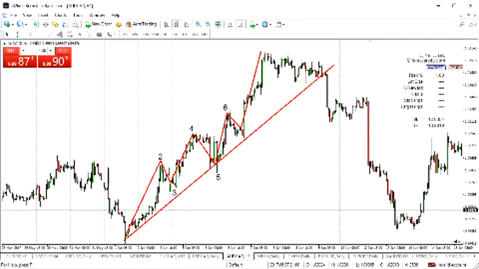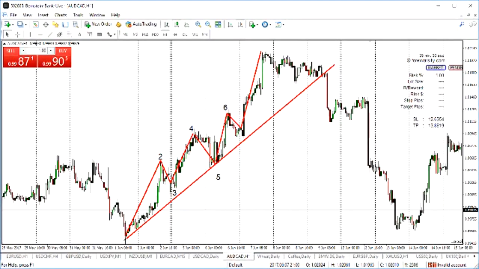That's an uptrend. So in an upward trend, we always buy dips. Now what you see here is a trend line. These are all trend lines, numbered 1, 2, 3, 4, 5, and 6.